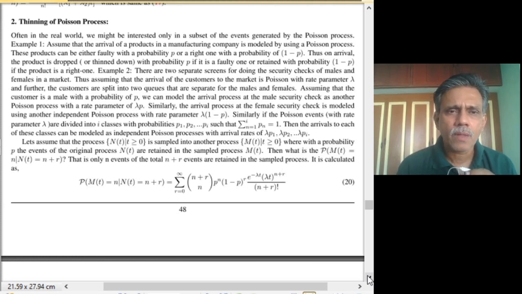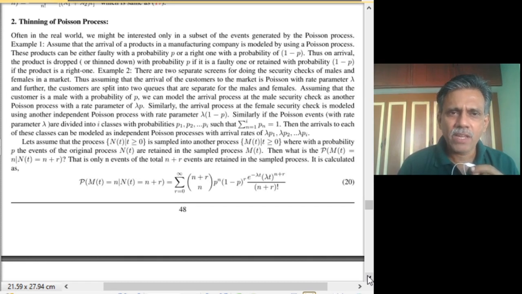Let us assume that whatever may be the way by which we label the events that have occurred and put them into one stream or another, we do it such that with a probability p we send it to stream number 1, and with probability 1 minus p we send it to stream number 2.